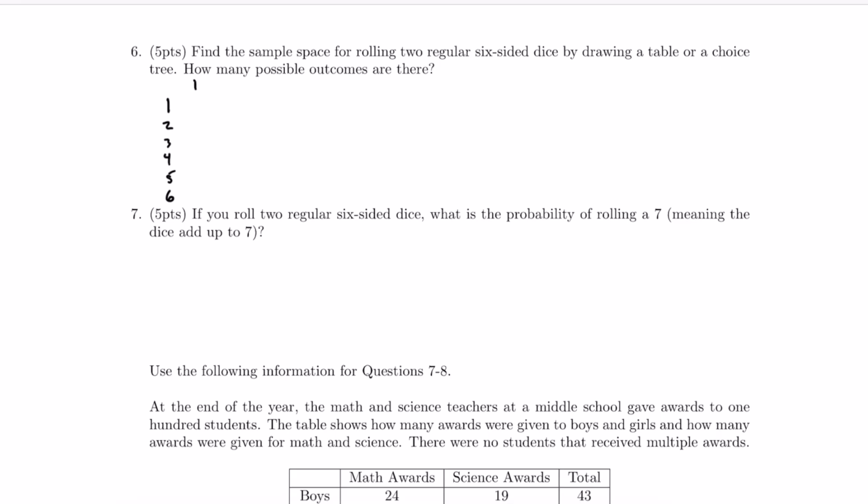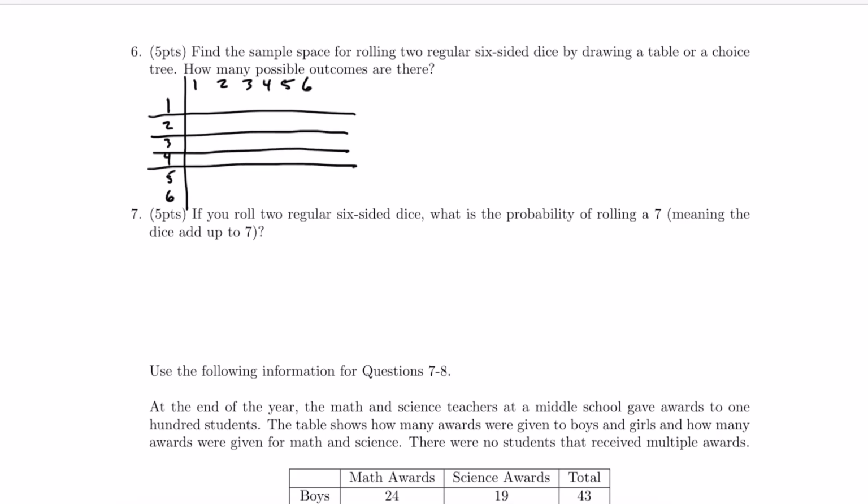And on the other dice, I can get a 1, a 2, a 3, a 4, a 5, or a 6. So this is basically the table that we did on the dice project earlier at the beginning of this unit in class. Let me just write this out really quick.